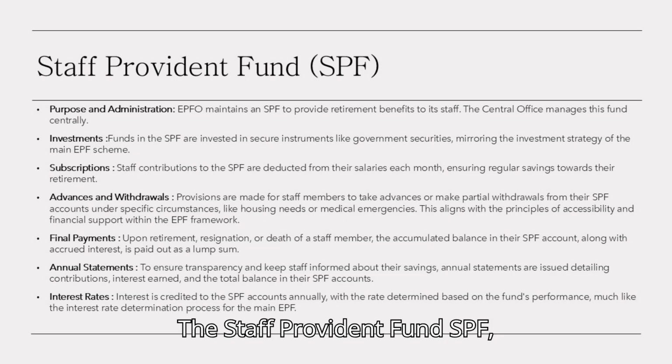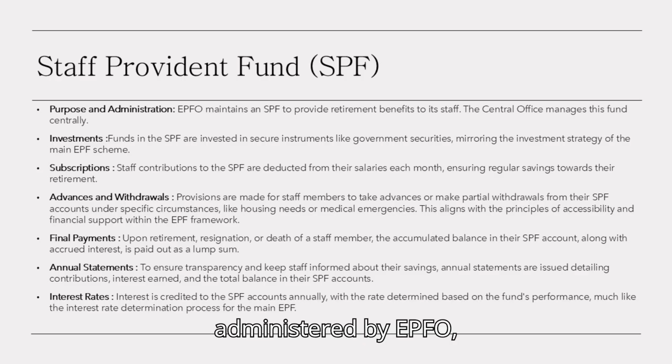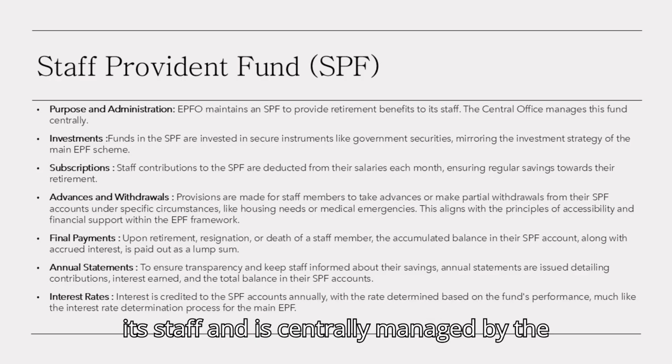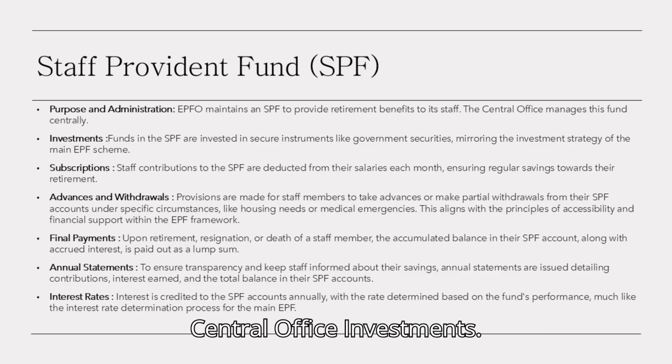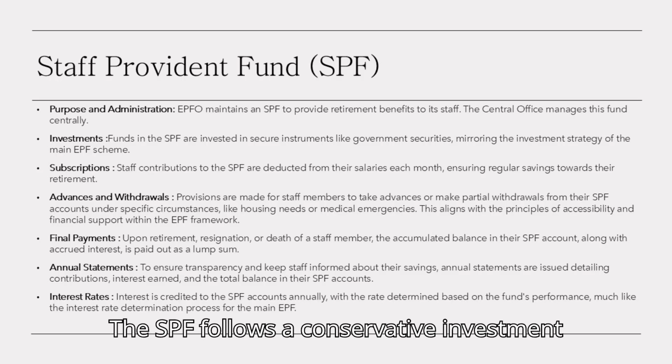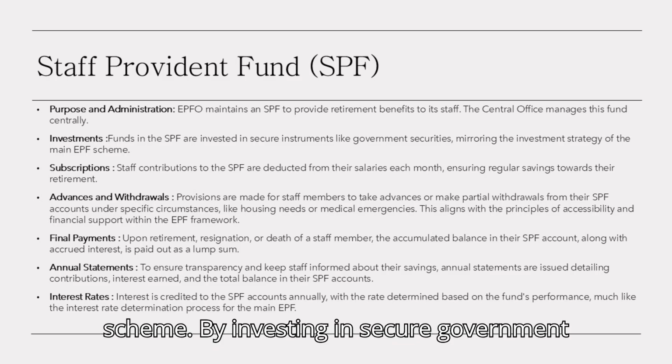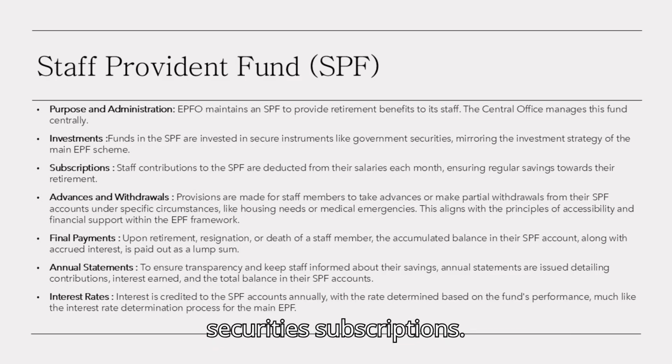The Staff Provident Fund, SPF, administered by EPFO, serves to provide retirement benefits to its staff and is centrally managed by the Central Office. Investments. The SPF follows a conservative investment strategy, similar to the main EPF scheme, by investing in secure government securities.